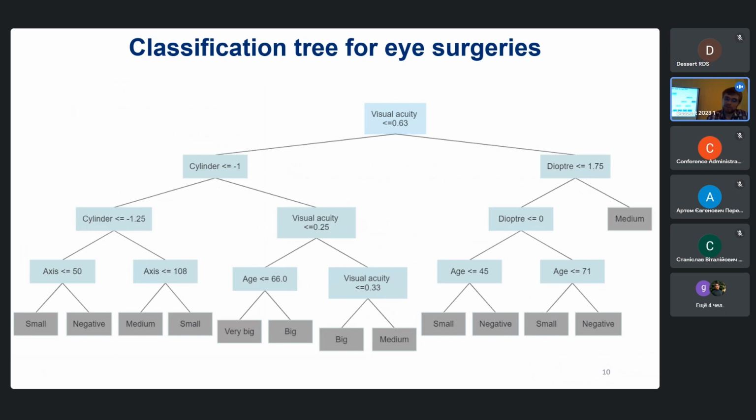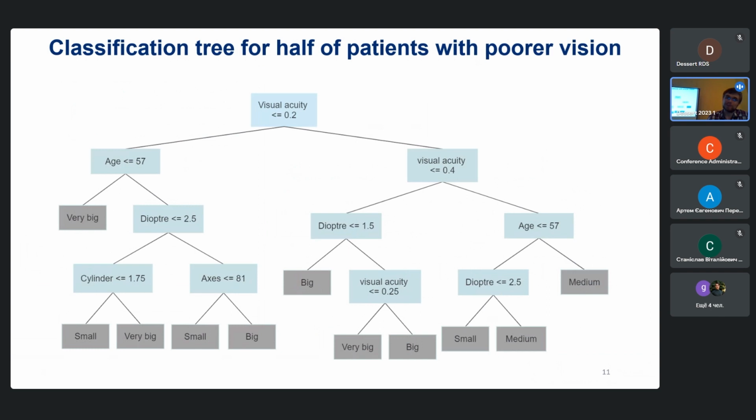Because of this, in our next experiment, we chose only patients with a visual acuity less than or equal to 0.5. There were 119 such patients. And as you can see, the variable visual acuity is still relatively important, but not as much as it was in the previous experiment.